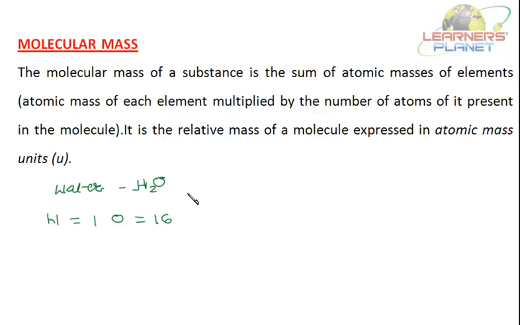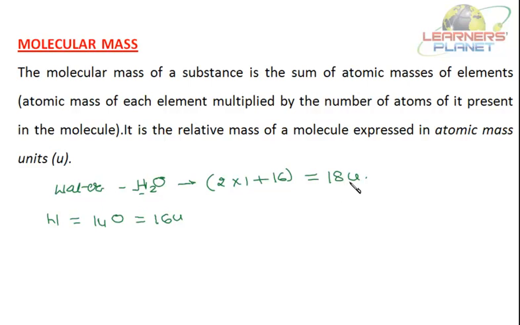So what will be the mass of a water molecule? It is 2 into, how many atoms of hydrogen are there? 2. So 2 into 1 is the mass of hydrogen, plus 16. So what will we get? We'll get 18 units.